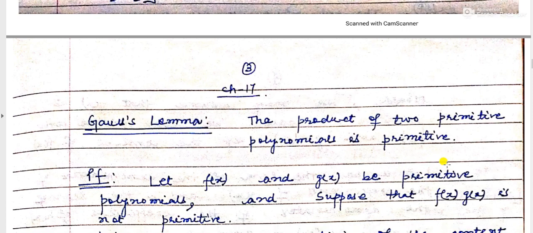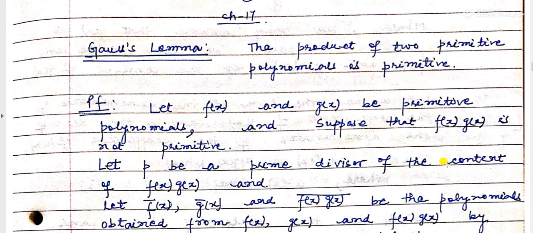Now let's come to Gauss lemma. Gauss lemma says that the product of two primitive polynomials is primitive. Let f(x) and g(x) be primitive polynomials, and suppose that f(x)g(x) is not primitive. We have to show that if f(x) and g(x) are primitive, then f(x)g(x) is also primitive.